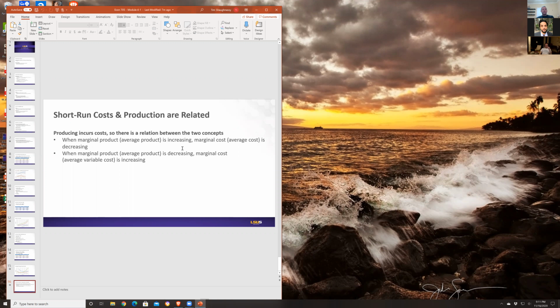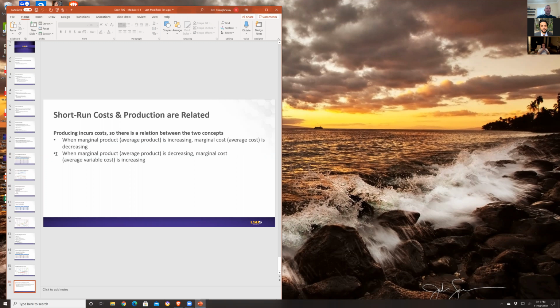So if you notice that your marginal costs are decreasing, it's cheaper and cheaper to produce output, then that seems like we're being efficient, and that should correspond with your marginal product increasing. So if either of the things in this first bullet point is happening, then we're in the teamwork phase, the increasing returns phase of production.